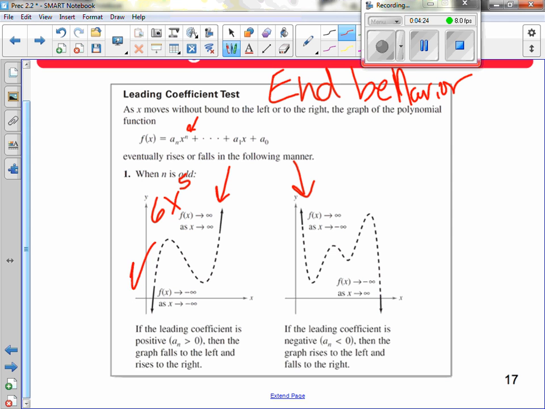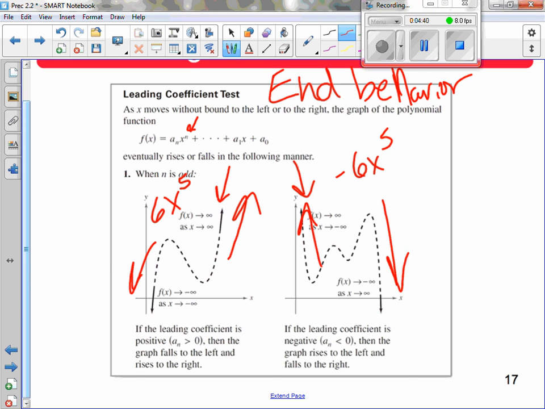It goes down to negative infinity to the left and positive infinity to the right. Now, if we had something like negative 6x to the fifth, the leading coefficient is negative. It rises to the left and falls to the right: positive infinity to the left, negative infinity to the right.